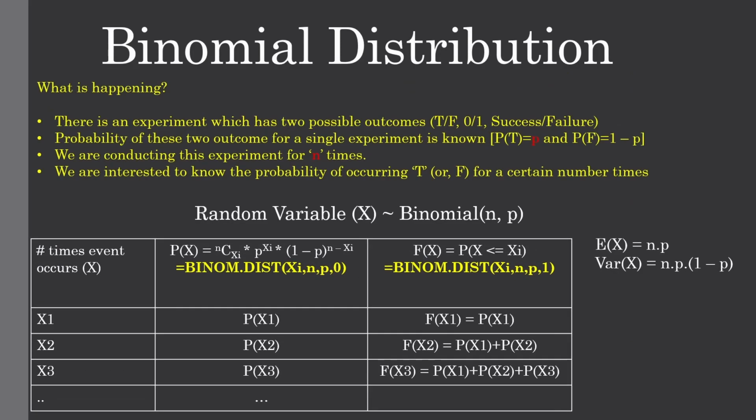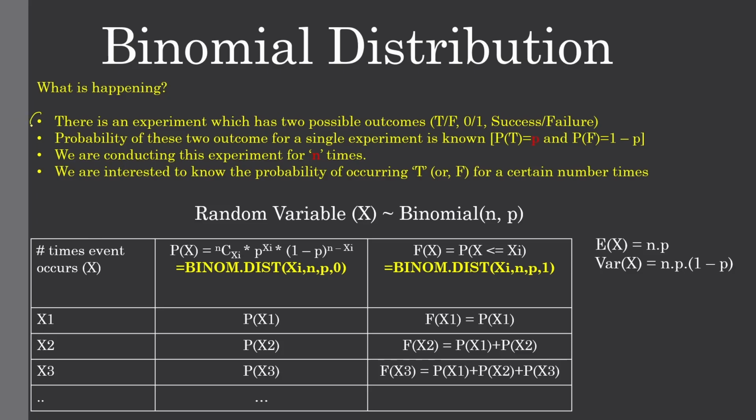For binomial distribution, first of all, you have to start with the storyline. What does the binomial distribution say to us? What is the storyline when we will use a binomial distribution? These are the fundamental things one should understand. So let us start from there.